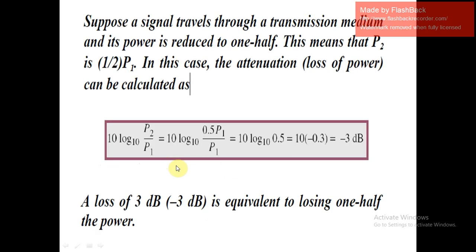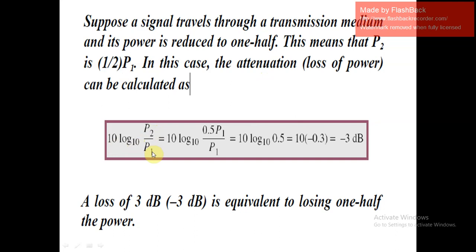Suppose we have a signal transmitting through a transmission medium, and you can see the power at the receiver end, P2, is going to be half of the transmitted power P1. So what is the attenuation? Attenuation in terms of dB is 10 log base 10 of P2 by P1.